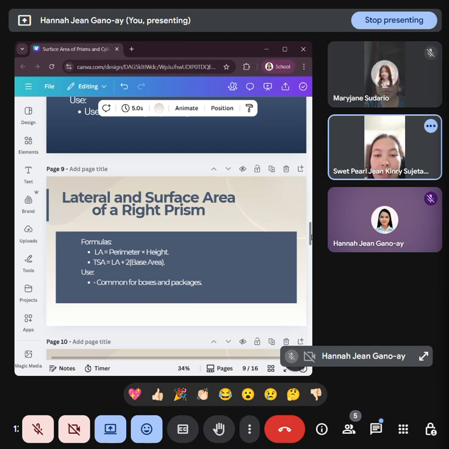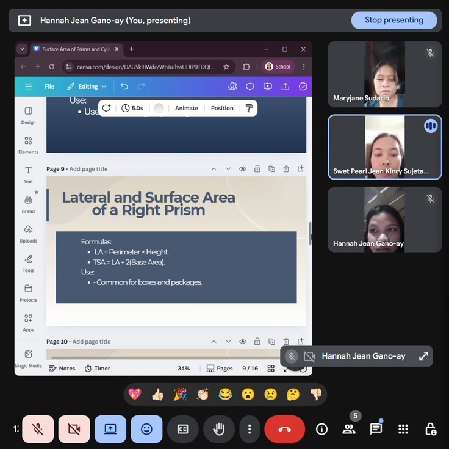The lateral and surface area of right prisms. The formulas are: lateral area equals perimeter times height. The second formula is total surface area equals lateral area plus 2 times base area.